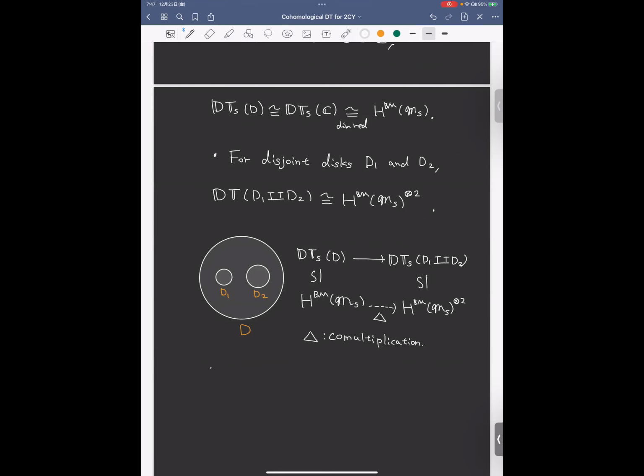And I want to remark here that we can define multiplication and co-multiplication for semi-stable moduli stacks.